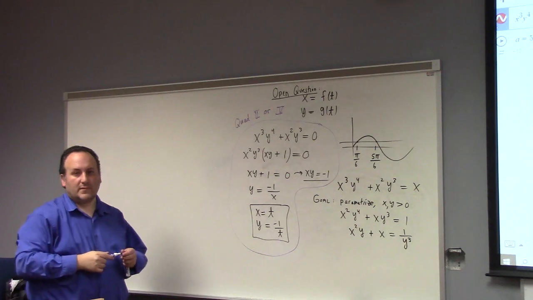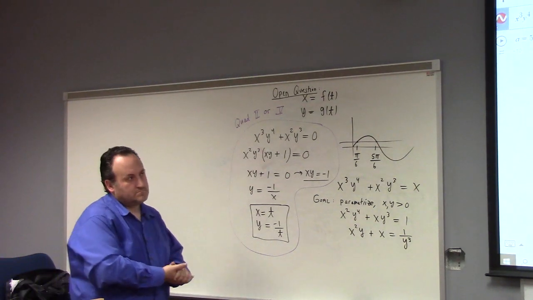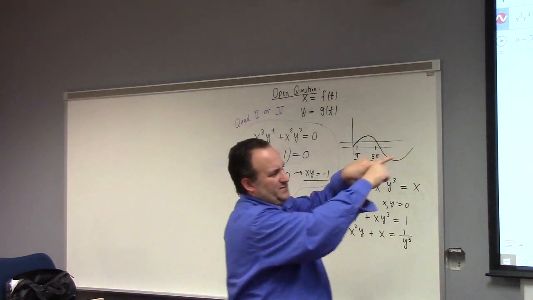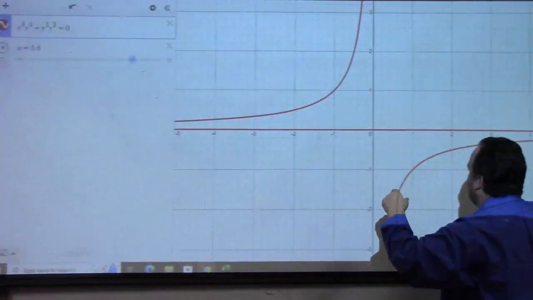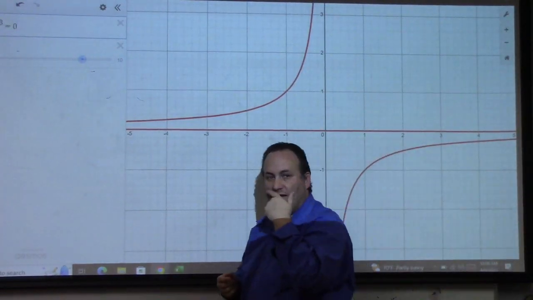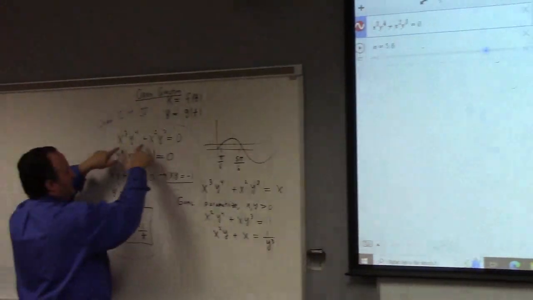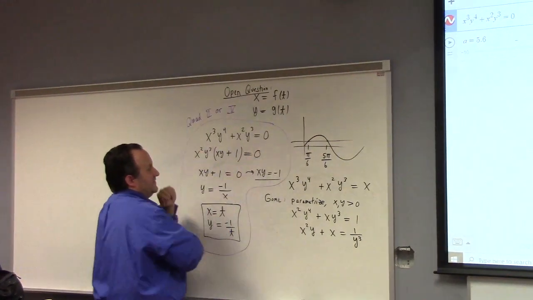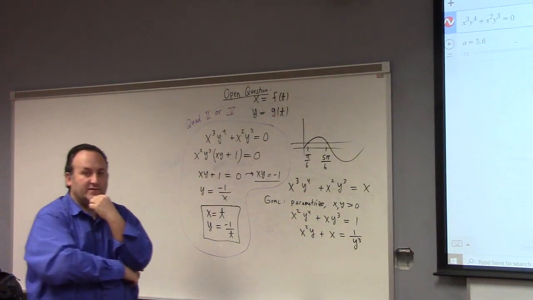What's the other thing that's going on here? Yeah, y equals 0, right? If you put y equals 0, does it solve that equation? It sure does. So the x-axis is a solution.